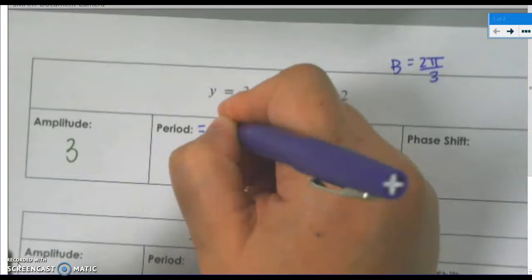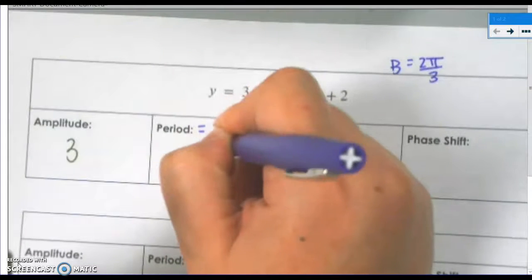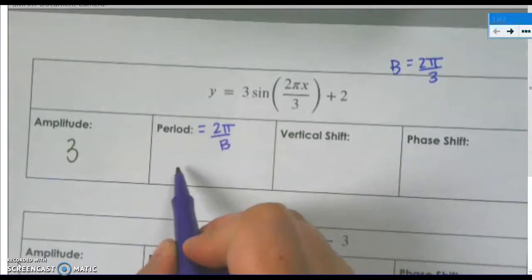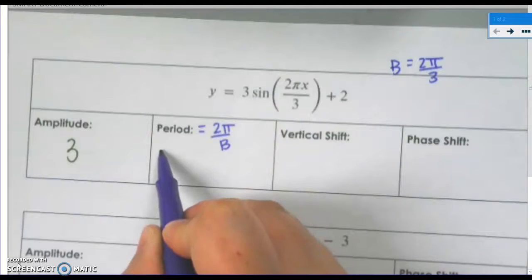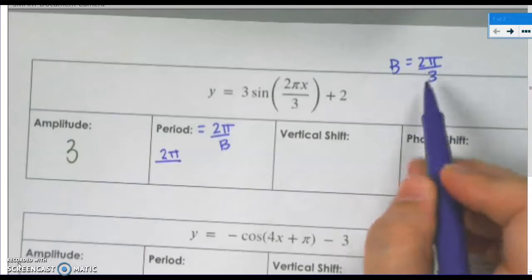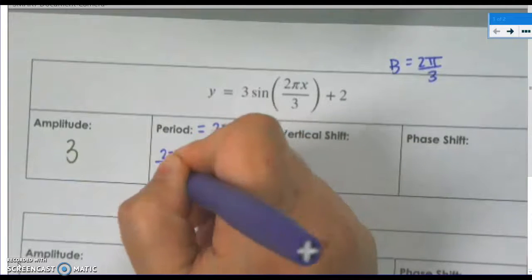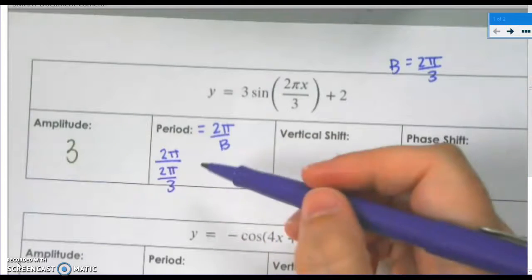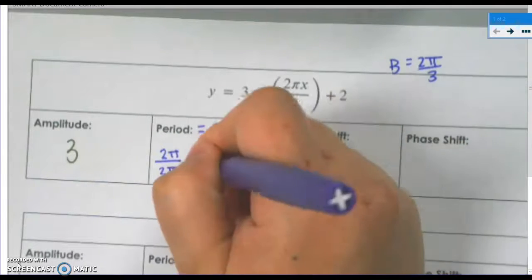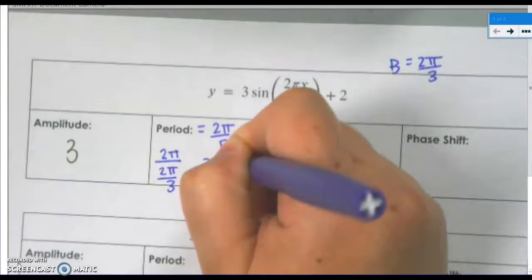The formula, my period, equals 2 pi over B. So I'm going to replace 2 pi divided by, I need to replace B with 2 pi over 3. This looks really messy. I got to clean this up.